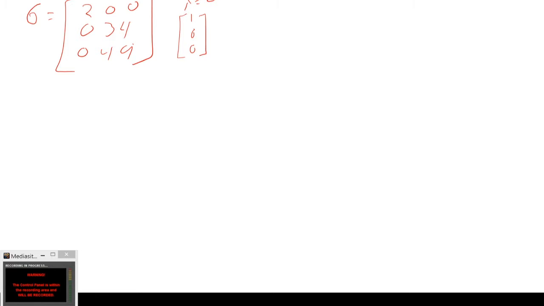So what we want to do is set up the determinant of sigma minus lambda I, which is the determinant of the matrix [2 minus lambda, 0, 0; 0, 3 minus lambda, 4; 0, 4, 9 minus lambda].